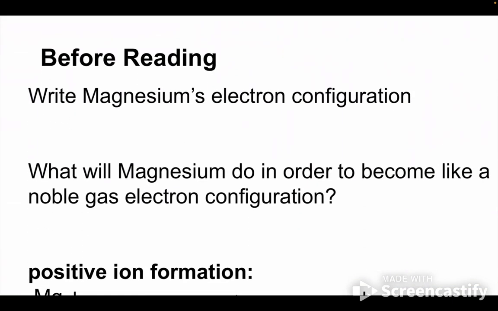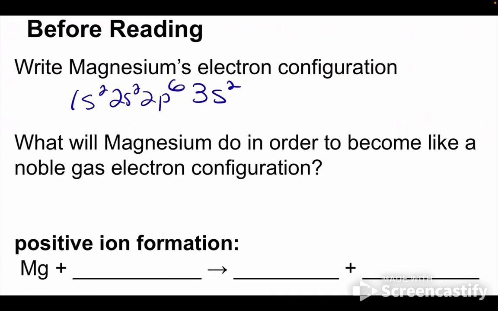So just to get you thinking, if we were to write magnesium's electron configuration, it would be 1s2, 2s2, 2p6, 3s2. In order to become stable, like a noble gas, which we call the octet rule, they want to have a full valence shell, and you can see that there are a full 8 electrons right here.